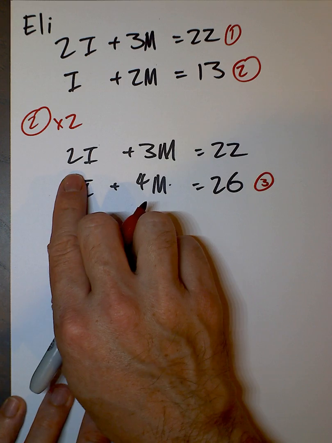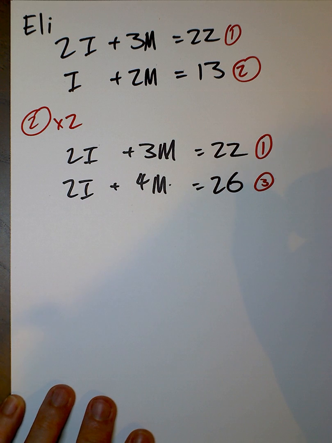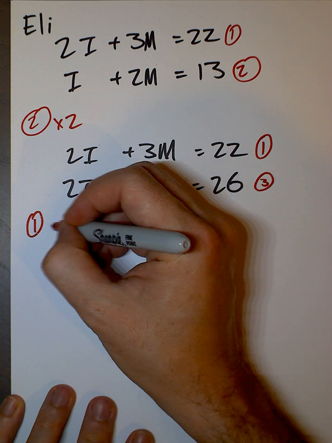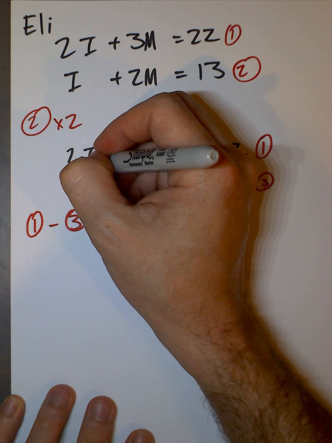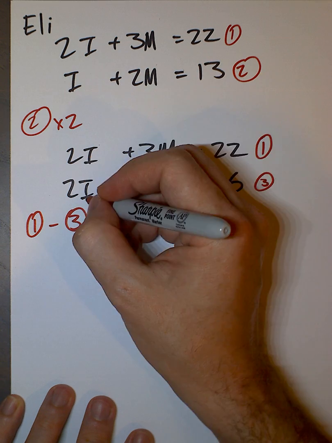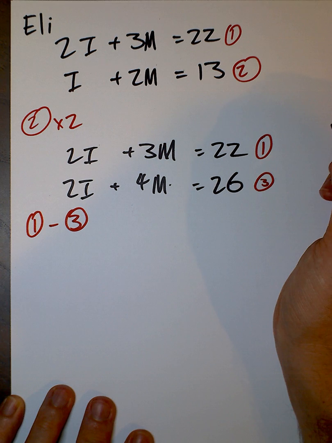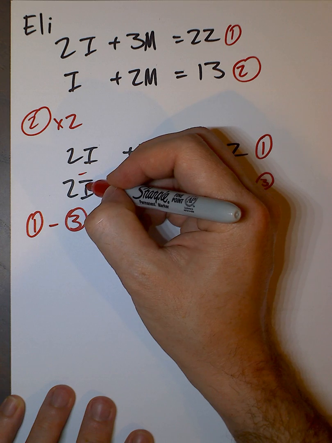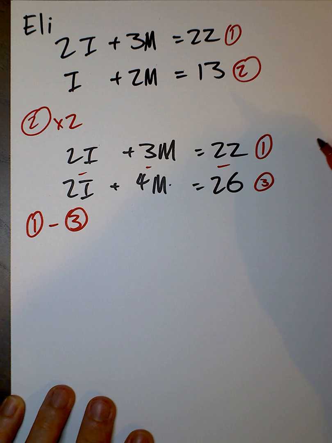Okay, I've just times everything by 2, and I'm going to call this equation 3. Now this is still equation 1, it's still carried over. I'm going to minus equation 3 from equation 1. So 1 minus 3. We have this and we take away this.